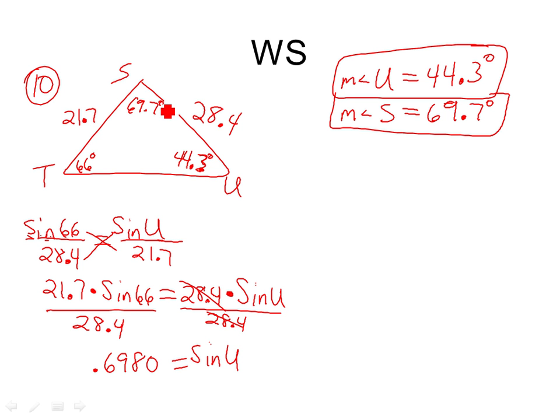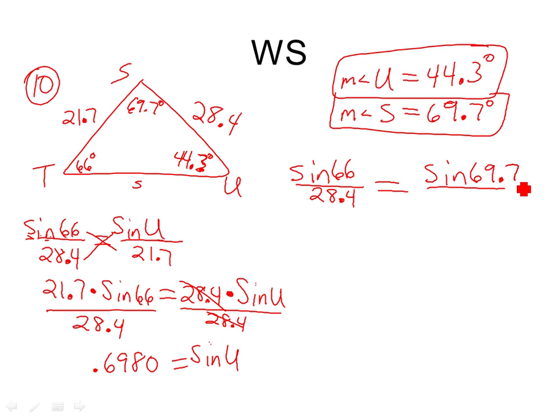Now, what else do we still have to find? Little s. I have to set up another proportion, right? Yeah. Sine, pick me an angle. 66 over what? 28.4. Sine, this time we have to use 69.7 over little s.